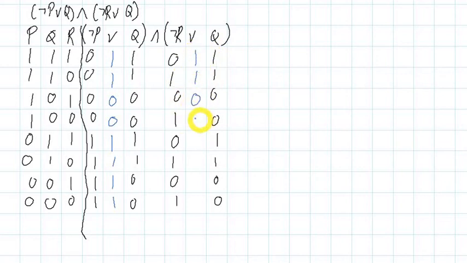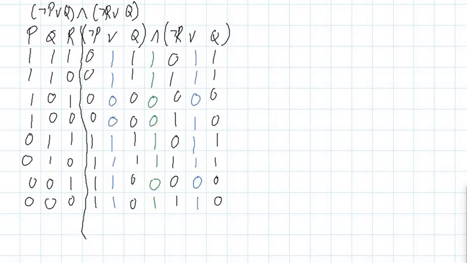This is 0, 1, 1, 1, 0, then 1. Then finally, our conjunction here: 1 and 1 is 1, 1 and 1 is 1, 0 and 0 is 0, 0 and 1 is 0, 1 and 1 is 1, 1 and 1 is 1, 1 and 0 is 0, 1 and 1 is 1.